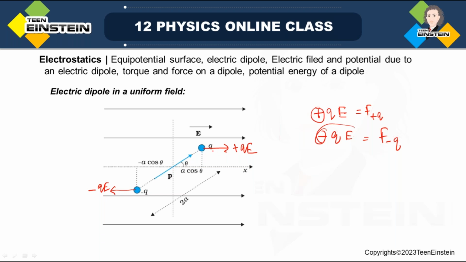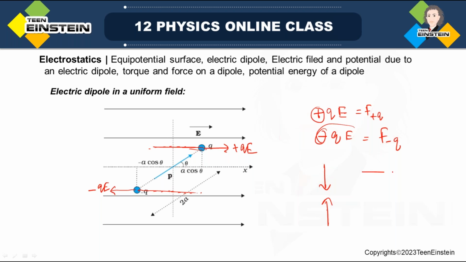Actually, these two forces cannot establish any equilibrium. Why? Because the line of action of this force is this way, and the line of action of force QE is this way. So they are not in the same line. If I have forces like this, then they will cancel each other if both are equal and opposite.